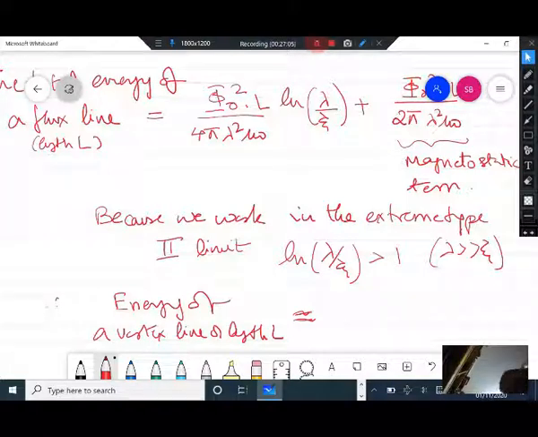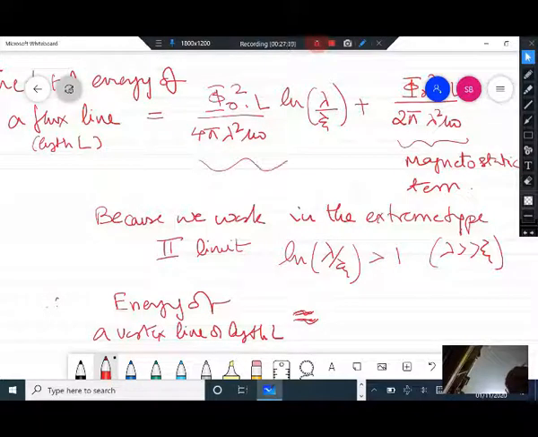Therefore the energy of the flux line will basically go as this first term, and we will neglect the magnetostatic contribution.